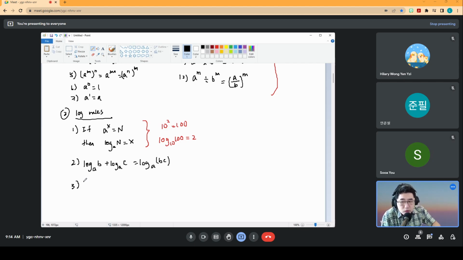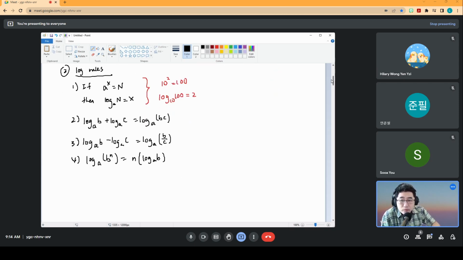Number 3, log a b minus log a c equals log a of b over c. Number 4, n log a b equals log a of b power n.